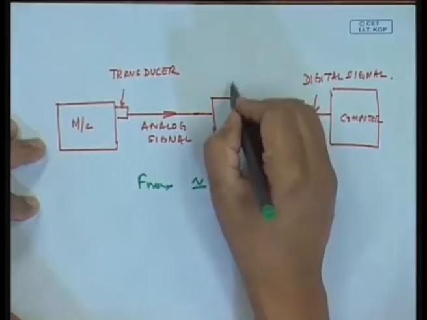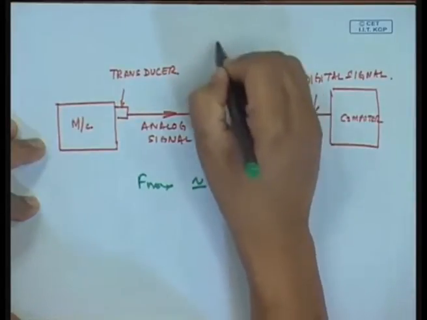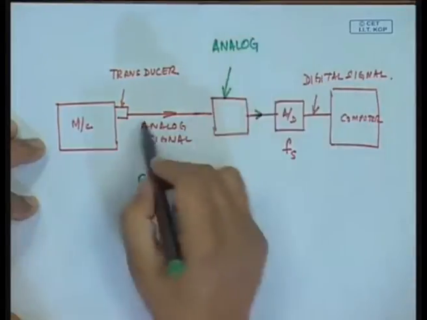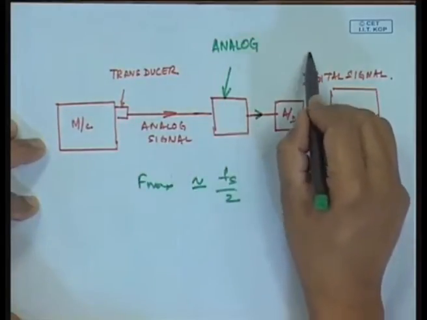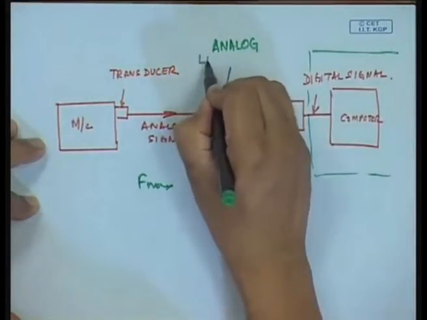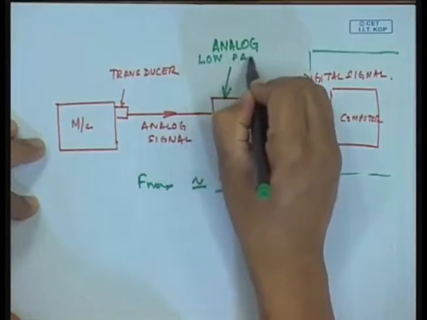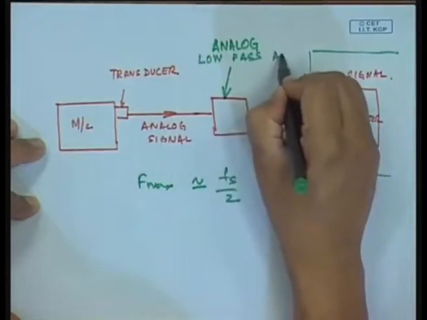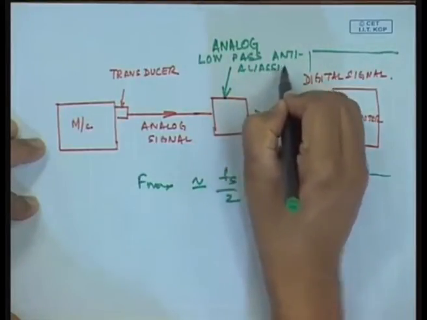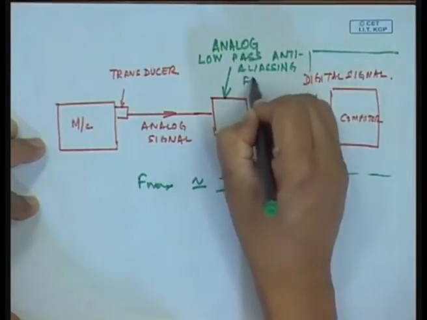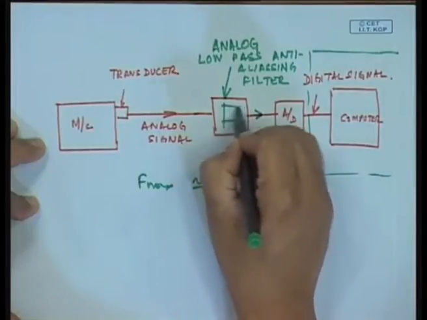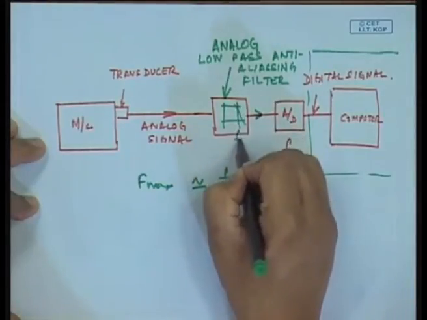So, what I will do here, very important, is I will put an analog, because this is an analog domain, a digital only happens here after the A to D converter. So, I will have an analog low pass, known as an anti-aliasing filter, where the cutoff is f s by 2.